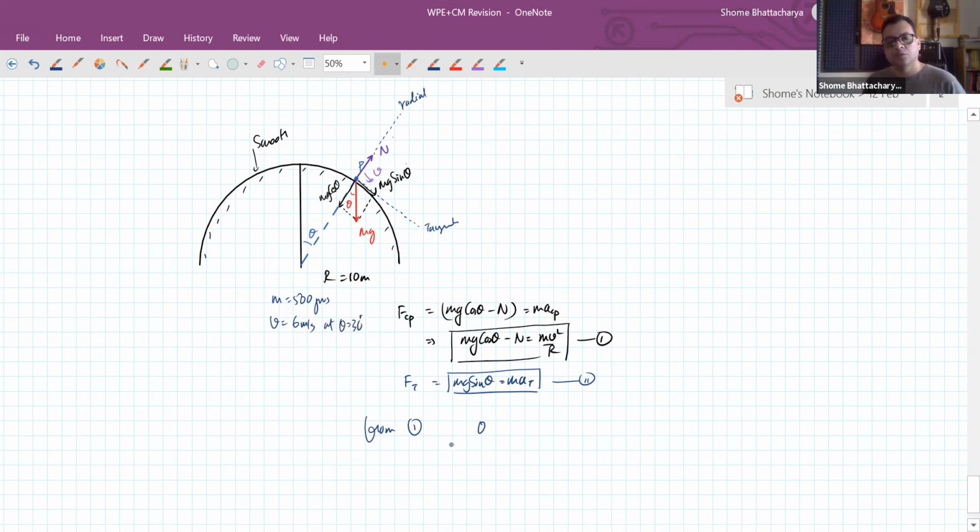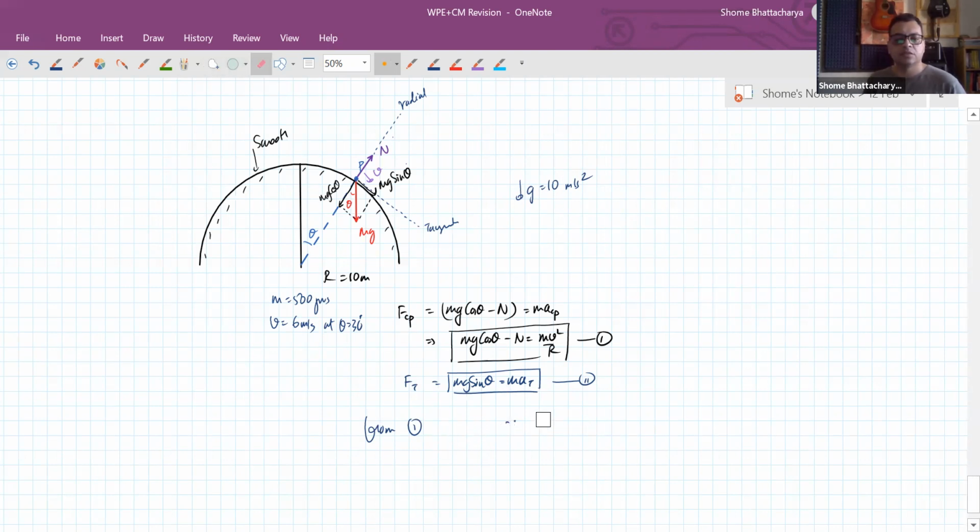Okay. So from the first equation, we'll take g as 10. Oh sorry, mass is 0.5, my mistake.